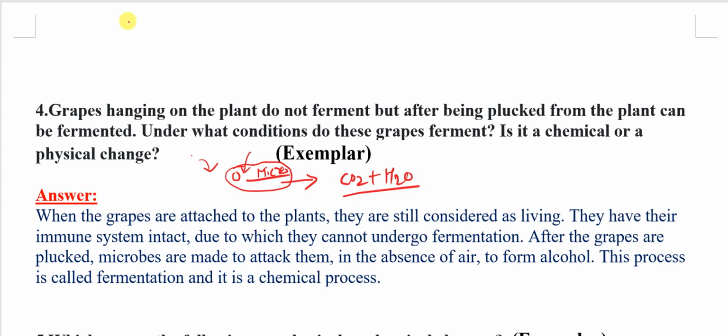Fermentation means exposing a substance to microorganisms for a longer time at a particular temperature, in which it converts to a different chemical state. If grapes are exposed to microorganisms for hours and hours, we get alcohol, mainly ethanol. So it's a chemical change. I hope it's clear to you.